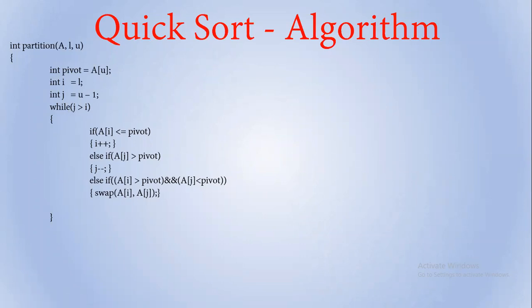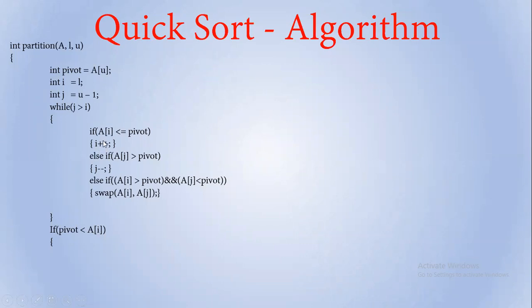So we will run this loop only until i is equal to j. And at last, when this has been done, we again check whether the pivot value, that means this last element value, is less than A[i]. A[i] is the value at the current i.